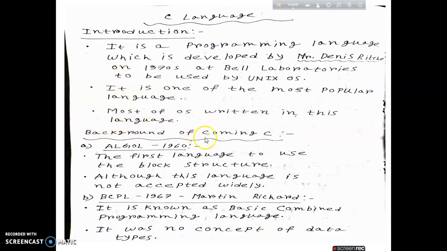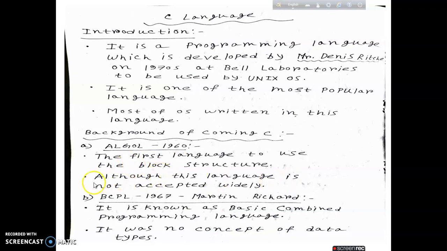Next, the background of the coming of C. First is Algol. The first language was Algol, developed in the year 1960, the first language to use the block structure, meaning using the concept of blocks.